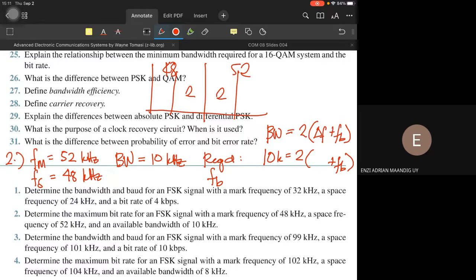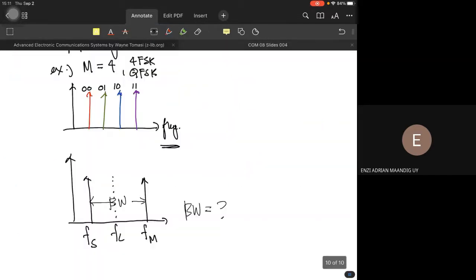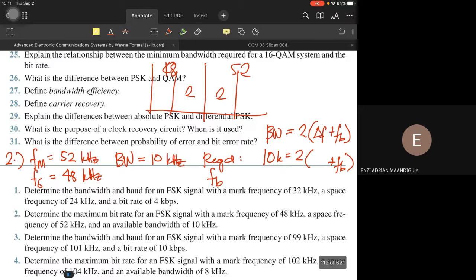Two. So, 2K. So 5K minus 2K is 3K. Right?